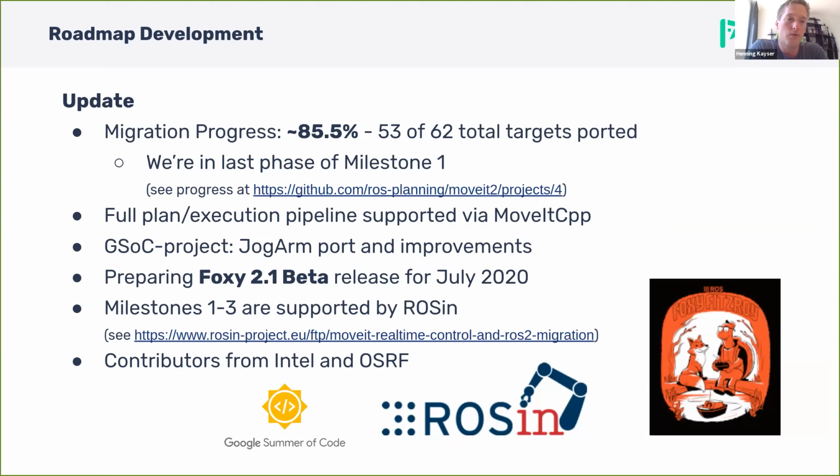We can already do all of the things that you could do with MoveIt Run currently, just using the MoveIt CPP interface. There's a demo that shows you how to use MoveIt CPP for running a full plan execution pipeline. You can launch OMPL, for instance, name a target, run a motion plan request, and collision checking works, IK works. So all of that is there.